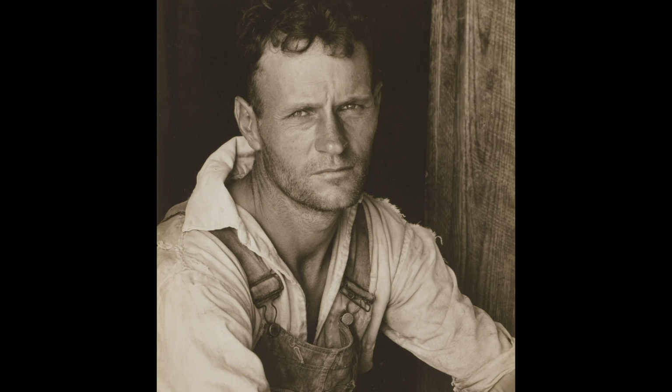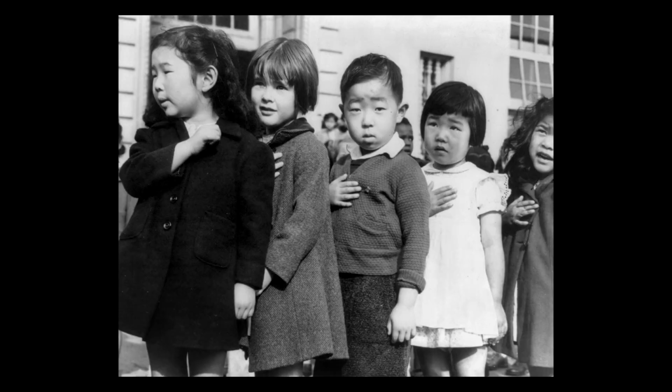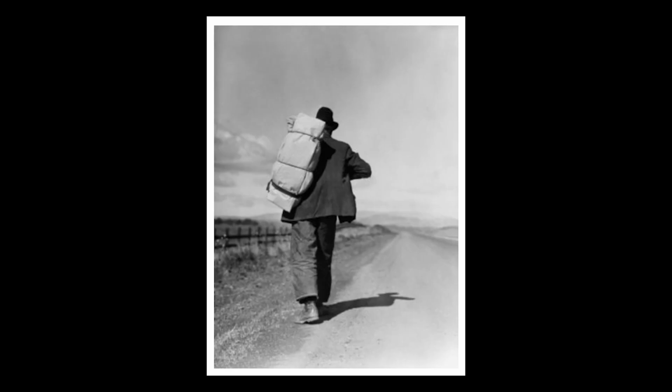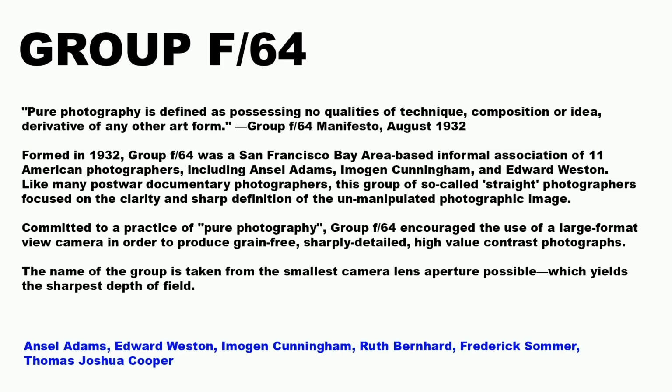So, very interesting photographers. As you can see, they try to show to the rest of the world how poor and how terrible the economic situation was at this time. You can see a picture of Dorothea Lange at the end.